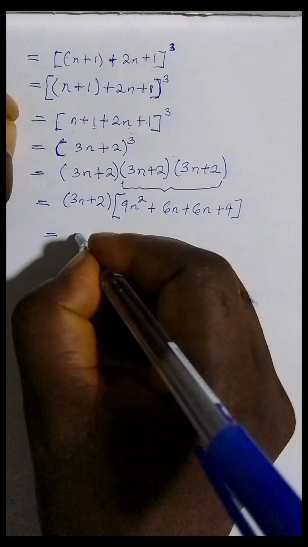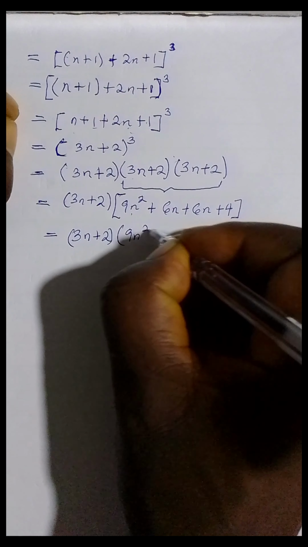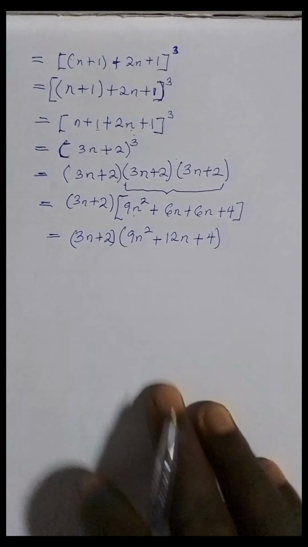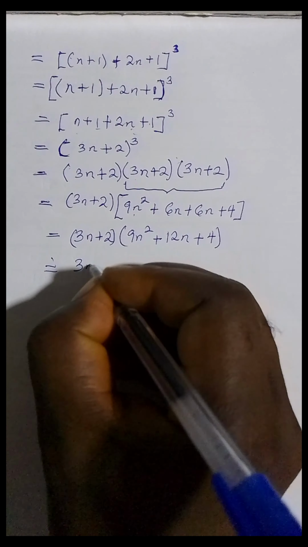So we have 3n plus 2, 9n squared plus 12n plus 4. So still make a substitution for n squared. That will give me 3n plus 2, open bracket, 9 brackets, n plus 1 plus 12n plus 4, close brackets.